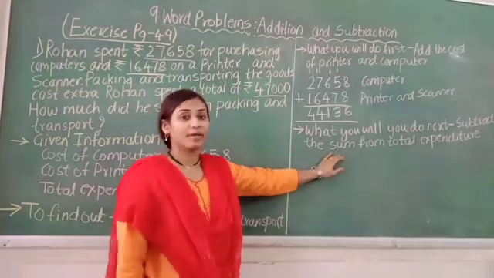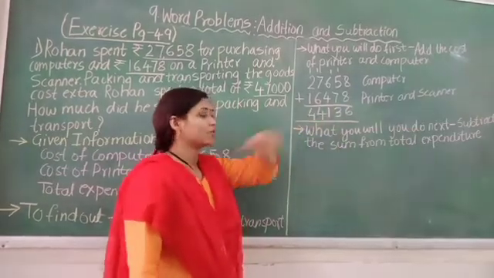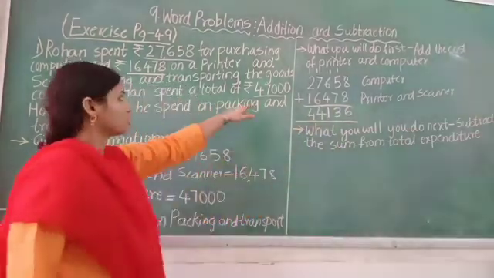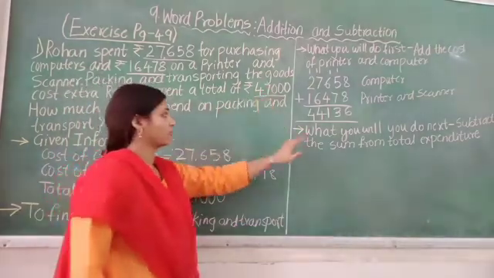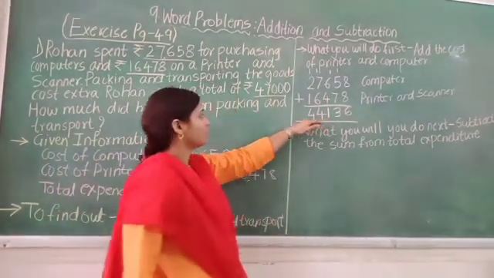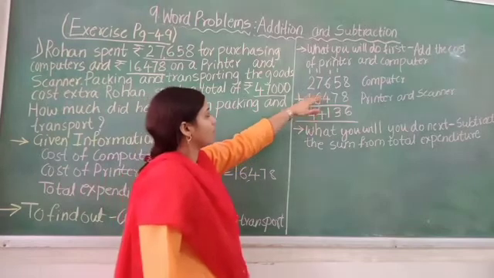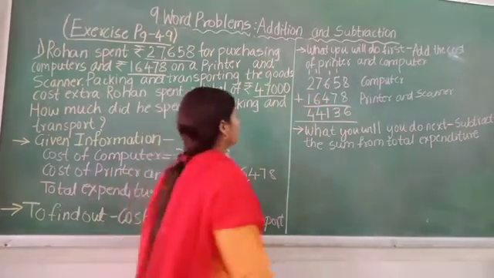What the next step will be? We will subtract the sum from the total expenditure. What was the total expenditure? 47,000. From this, we will subtract the sum of total cost of computer and printer.